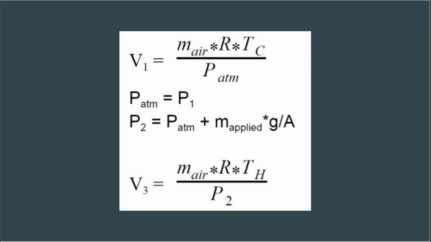P1 is equal to atmospheric pressure, and P2 is equal to the atmospheric pressure plus the pressure from the mass applied, which is mg divided by A, the cross-sectional area of the piston. And finally, the volume at point 3 is equal to the mass of the air times R times the temperature of the hot water divided by P2, which we just calculated.